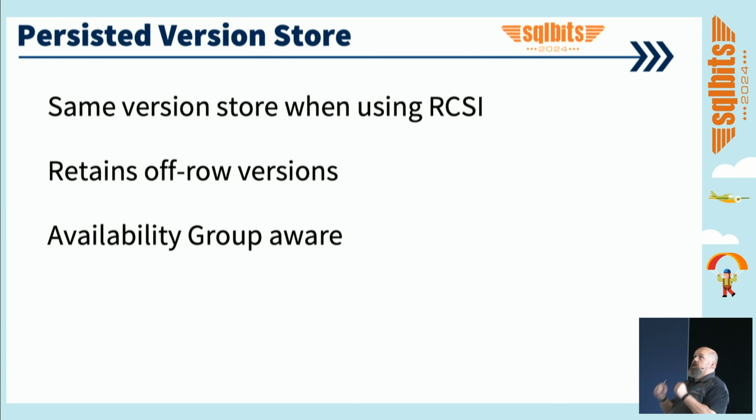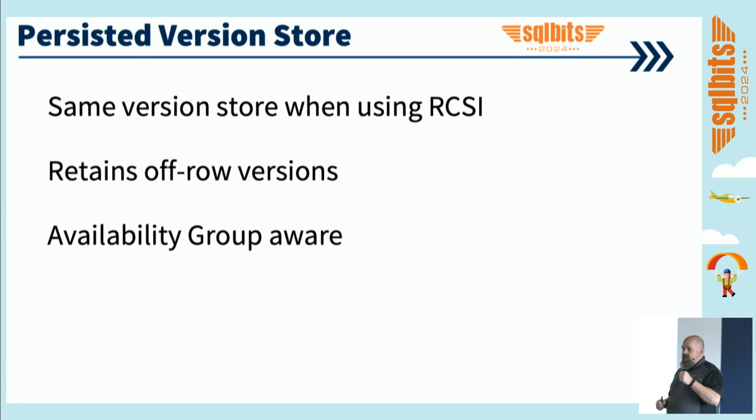The other beauty I love about ADR, it's AG aware. Who's using availability groups? Oh, good, a good number of you. Okay, cool. Because we can get faster recovery when SQL Server goes through crash recovery or a restart, if this thing is AG aware, does this make your failovers faster or slower?